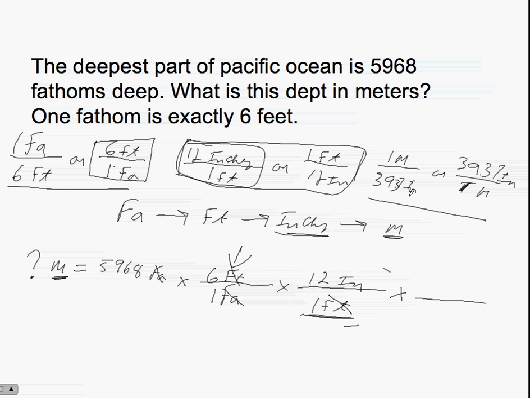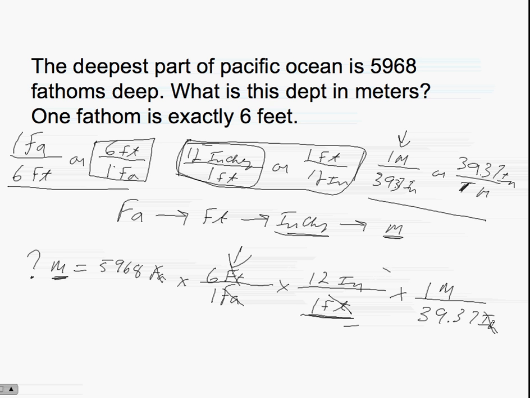We want inches to cancel out, so we have to use the relationship that will allow that. If we use this relationship, inches will be in the denominator and meters will be on top, which is exactly what we want. If we use the other one, meter will be in the denominator and inches on top, so inches cannot cancel out. So for every 1 meter, we have 39.37 inches.